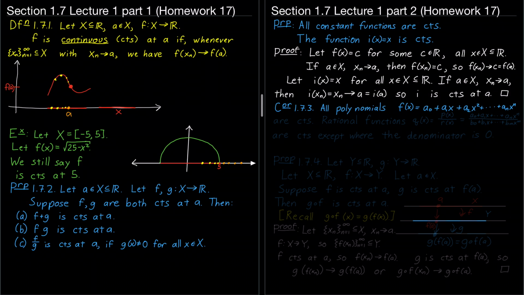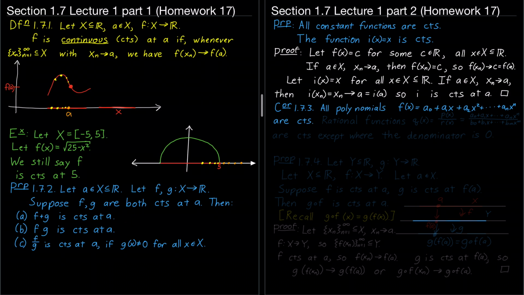You can multiply that function by itself as many times as you want, so you get that x squared and x cubed and x to the n, they're all continuous. You can multiply by constant functions because those are continuous. You can add them all up. So the point is you can start with the absolute basic building block functions that we saw in the last proposition. You can put them together in ways proposition 1.7.2 lets you do, and you can get polynomials that way. So all polynomials are continuous.